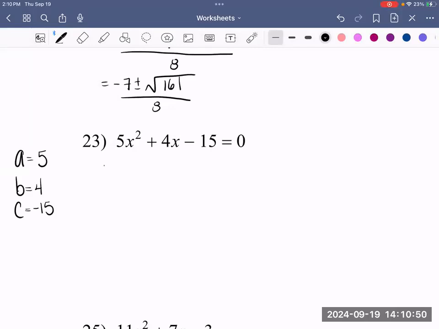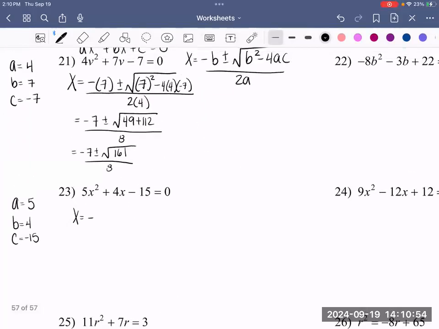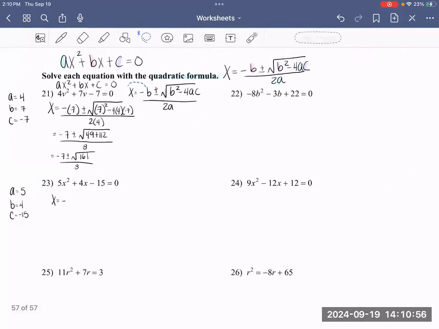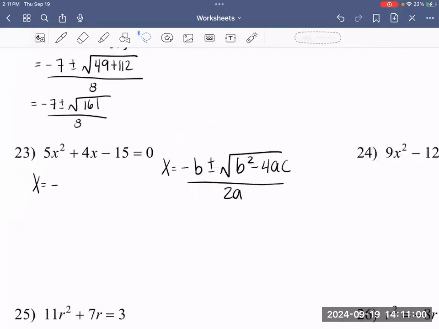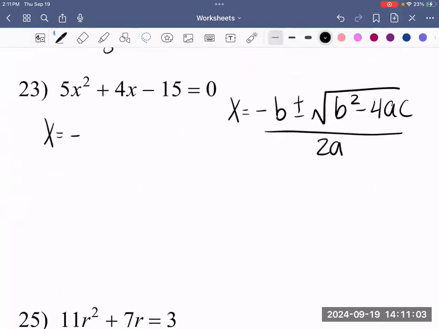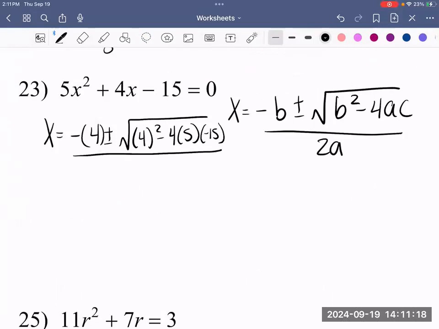So we're going to put it back into the quadratic formula, which again, I will start to bring down here in case you need to follow our work. So negative b plus or minus the square root, and I should put this into parentheses, building some good habits, 4 squared minus 4 times 5 times negative 15 all over 2a.